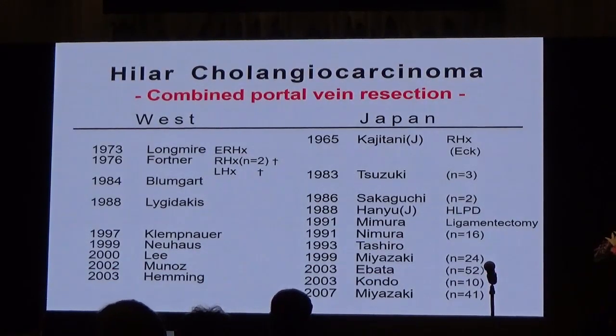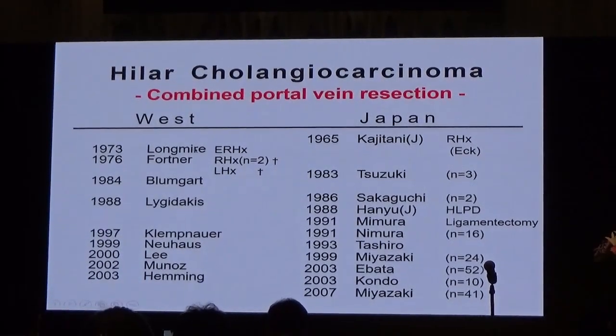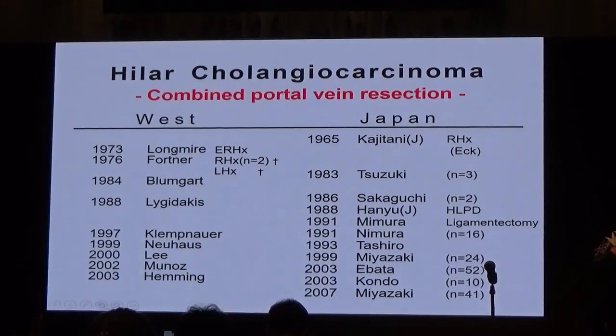As you may know, combined portal vein dissection in hepatobiliary surgery had been reported from Western countries and Japan. The first report from a Western country was by Dr. Longmire from UCLA, who reported extended right hepatectomy with portal vein dissection and reconstruction.